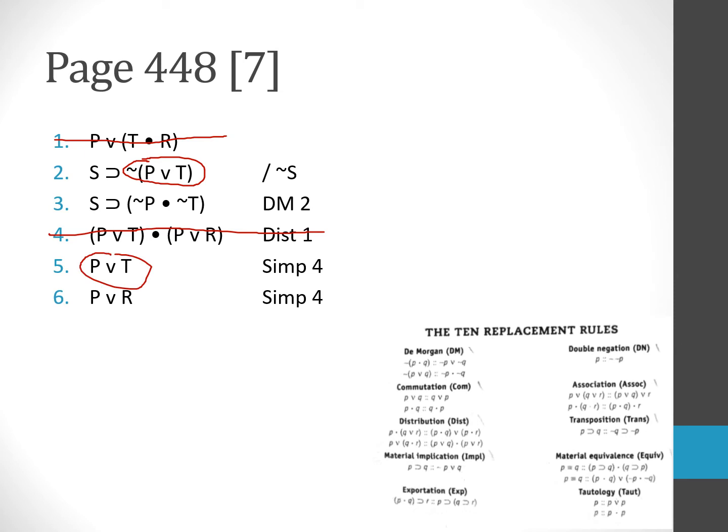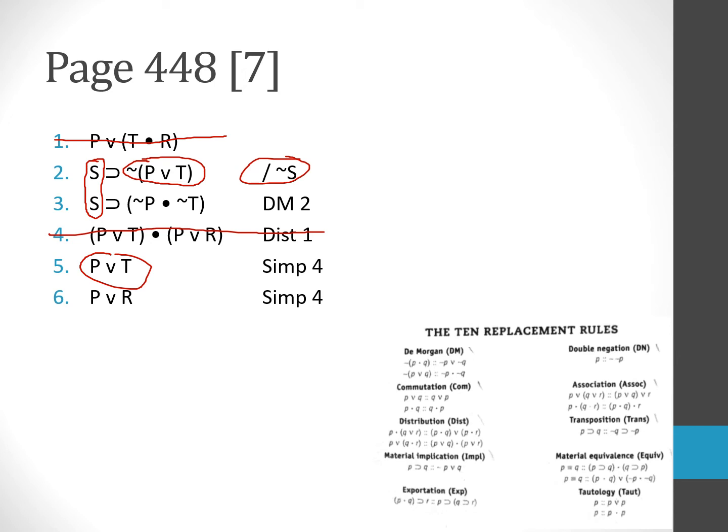We need not S. So if we did a modus tollens on either 2 or 3, that would give us our not S. Well, our consequent in 2 is not P or T. And here in 5 we have P or T. Well, if you're starting to get the hang of this, you'll know that the negation of not P or T is not P or T, which is equivalent to P or T.